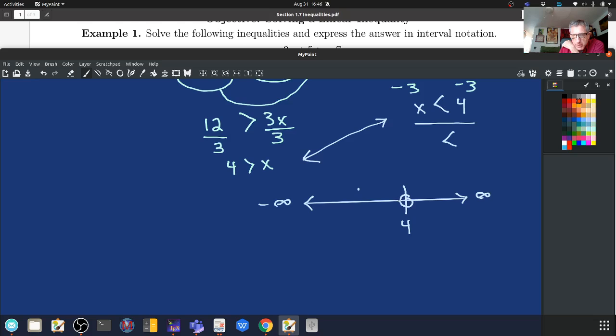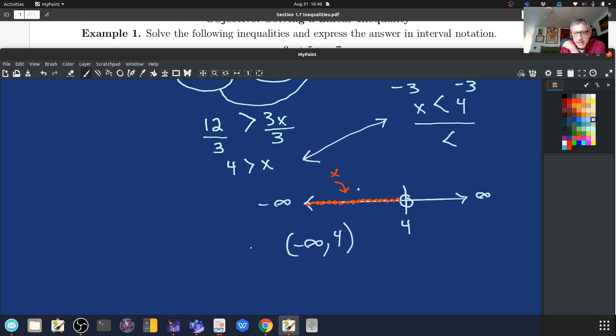So this is where my x values live that make it true. You don't have to write x there, but I want to write it in interval format. Again, reading left to right, minus infinity is not included, and I get up to my 4, and my 4 is not included either.